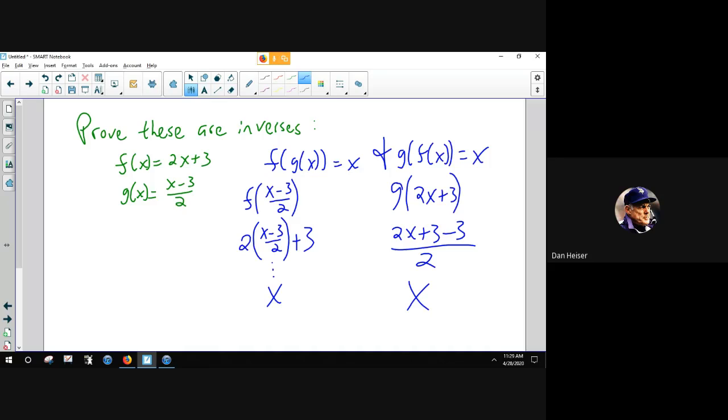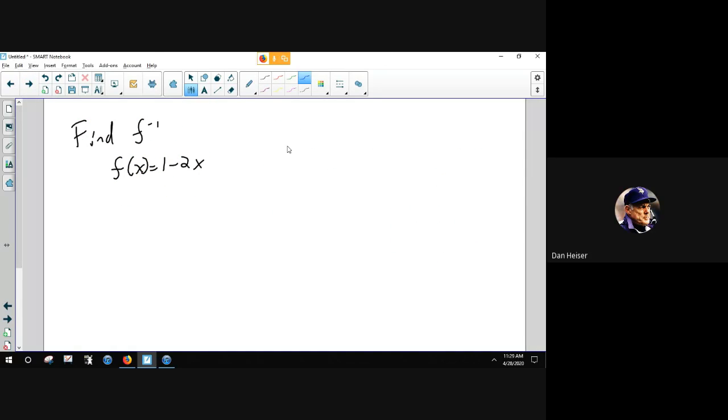So we've seen inverses graphically, we've seen inverses as sets, we've seen inverses that work out. Now it's time to find an inverse. Here's a function, 1 minus 2x, find its inverse.